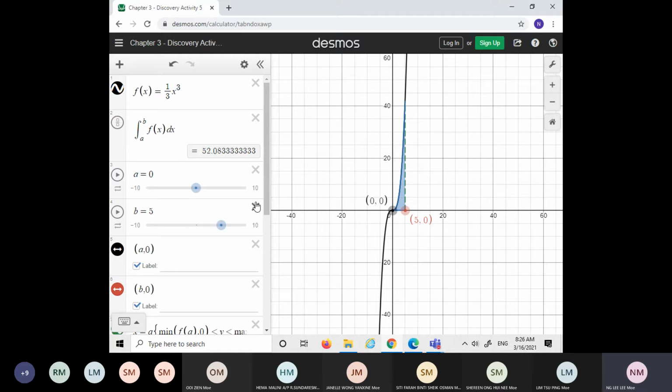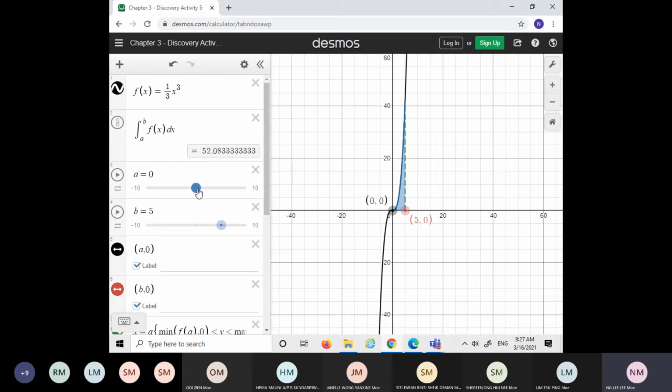Next, take note of the location of the area with the corresponding sign of the value of the area. The shaded area is formed above the x-axis, so the location is above the x-axis, and the integral is a positive 52.